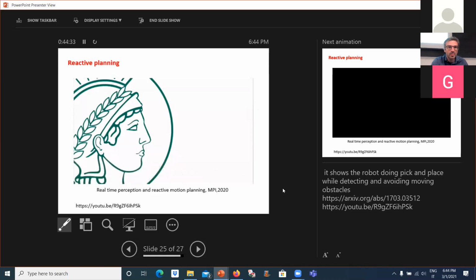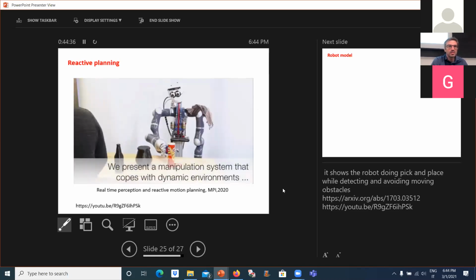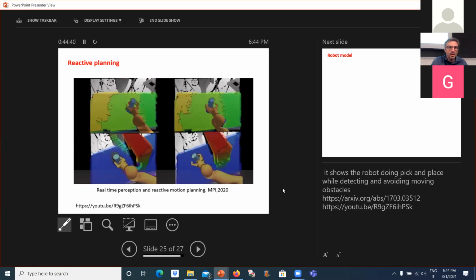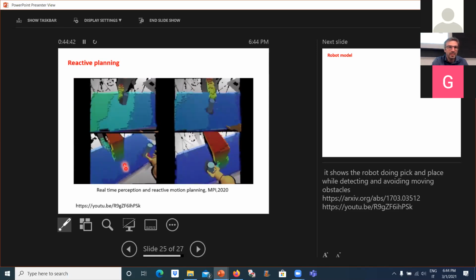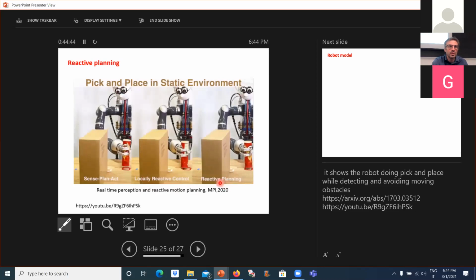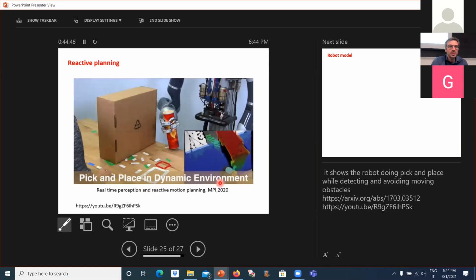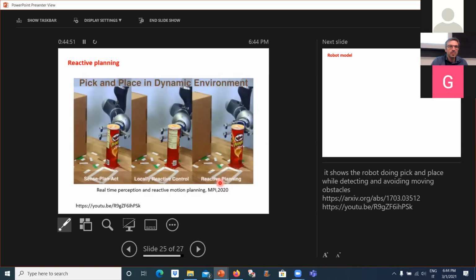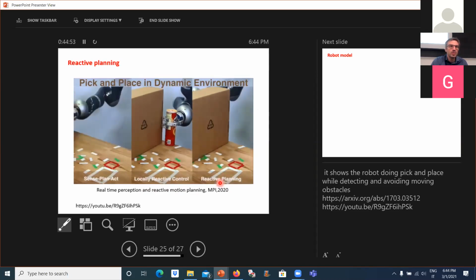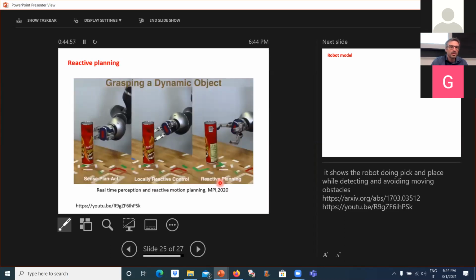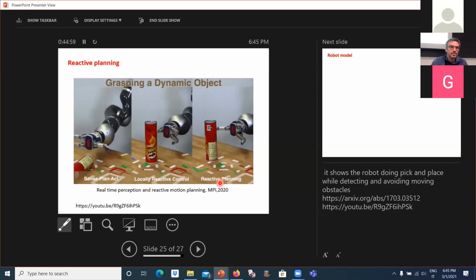For example, in this situation, the robot is willing to take this cap, but then the box is moved. So it needs to detect that the box is moved towards it and modify the original trajectory it wanted to do, in order to avoid the collision with the obstacle.